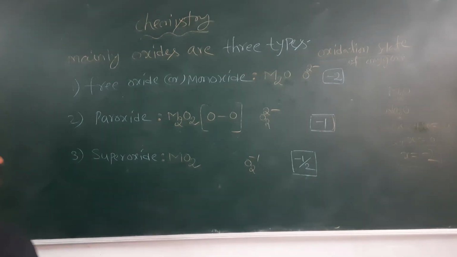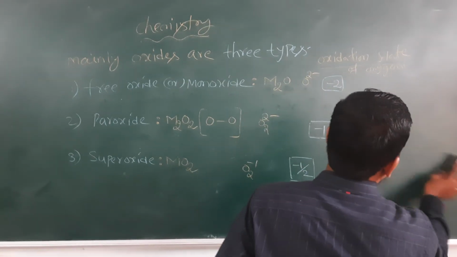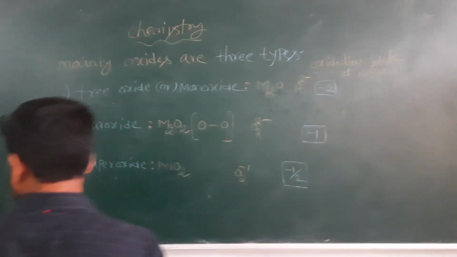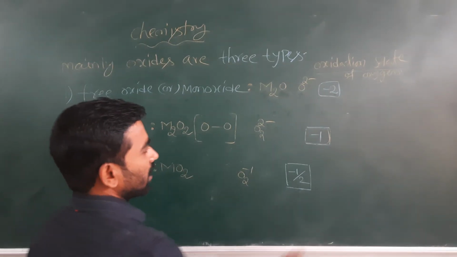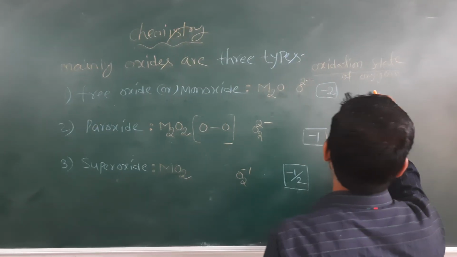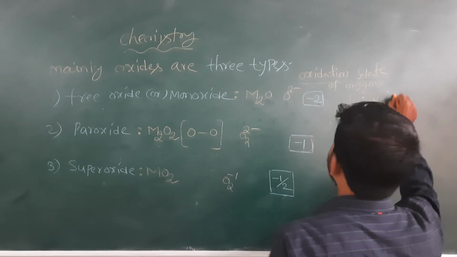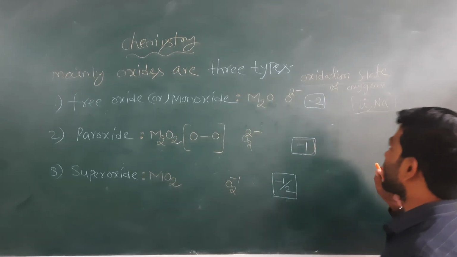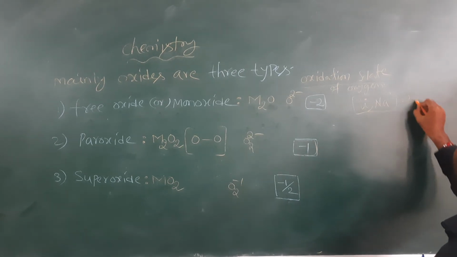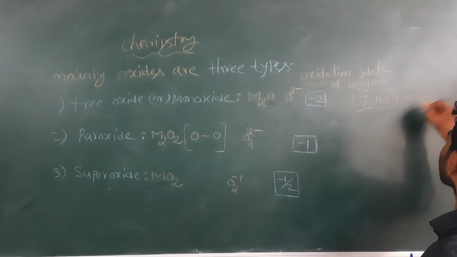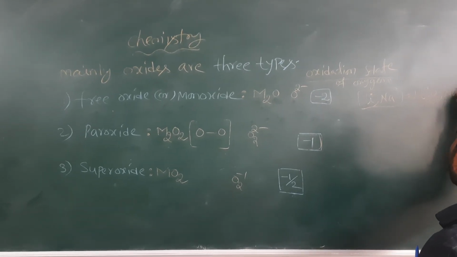In the same scenario, in the case of the first A group elements, lithium and sodium exhibit M2O type oxides, for example Li2O, lithium oxide, and sodium oxide.